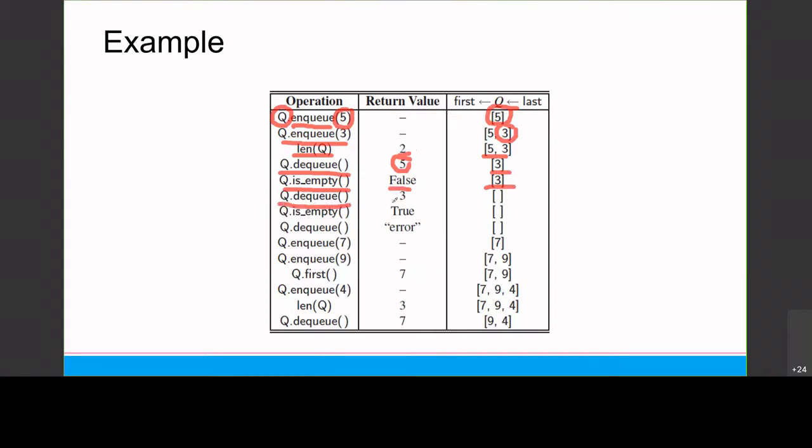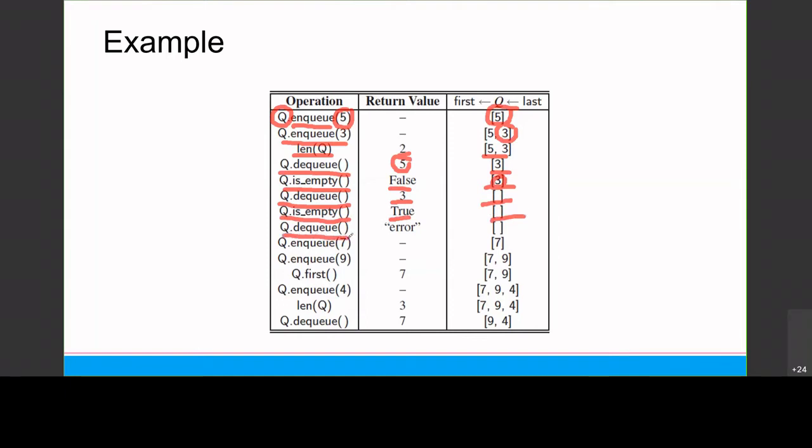And if I DQ, then it will give the value 3, because the element remaining is 3. So it will remove that element. Now it becomes empty. If we check is empty, yes, it is true, because there is no element inside the queue.